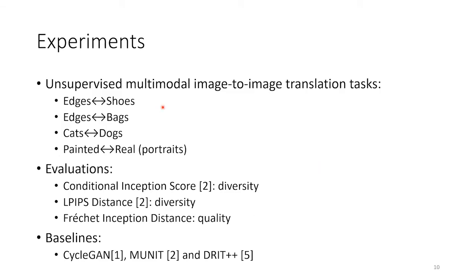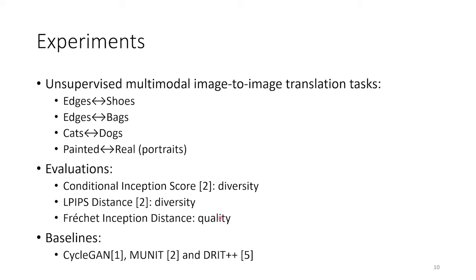We implement our experiments on multiple image-to-image translation tasks. For example, translation between edges and shoes, or edges and bags, cats and dogs, and painted to real portrait photos. And for the evaluation, we use conditional inception score and LPIPS distance for the diversity of the generated images.